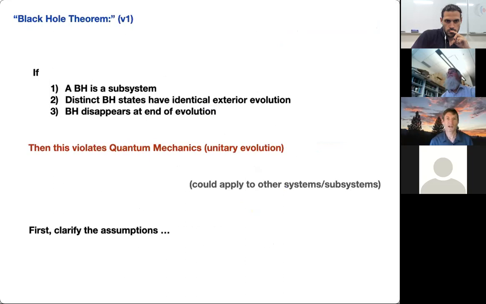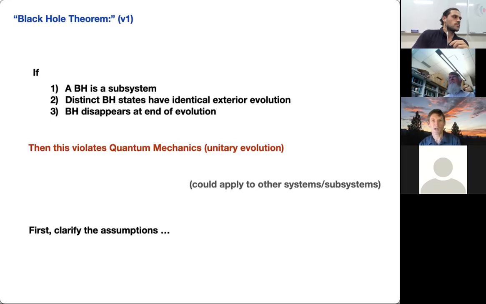So a first statement, version 1 of what I'm calling the black hole theorem, again in quotes. If a black hole is a subsystem, if distinct black hole states have identical exterior evolution, and if the black hole subsystem disappears at the end of evolution, then this violates quantum mechanics, specifically unitary evolution.